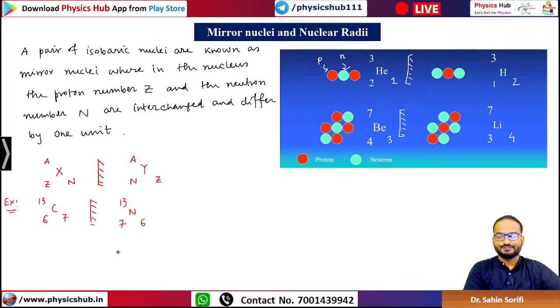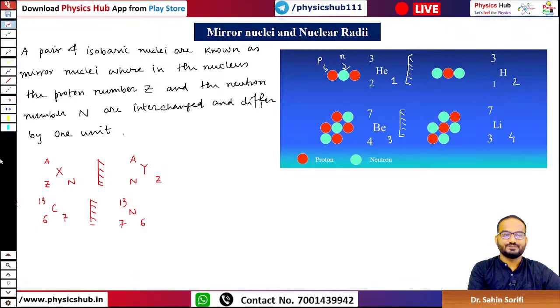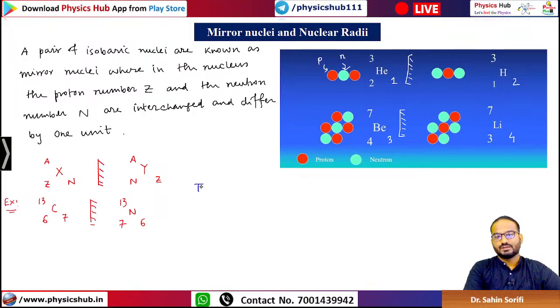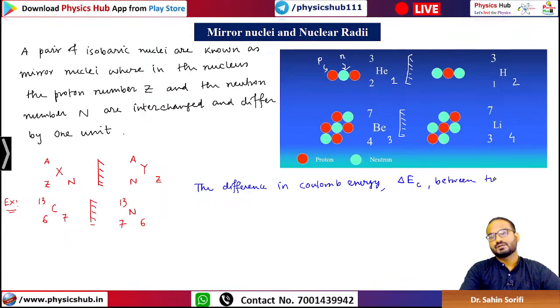So we can calculate the difference in their Coulomb energy, let's say denoted by delta EC, between two neighboring mirror nuclei of charges.